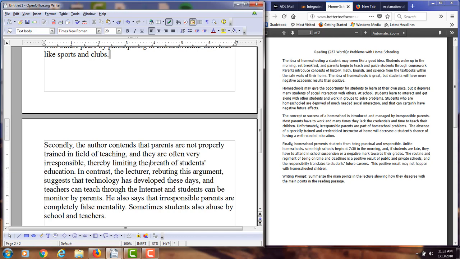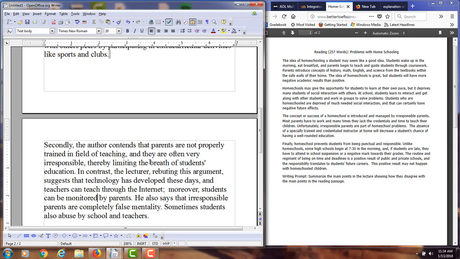Internet's actually capitalized, and students can teach through the internet, and then maybe you will say here, maybe put a semicolon here. Moreover, students can be monitored.